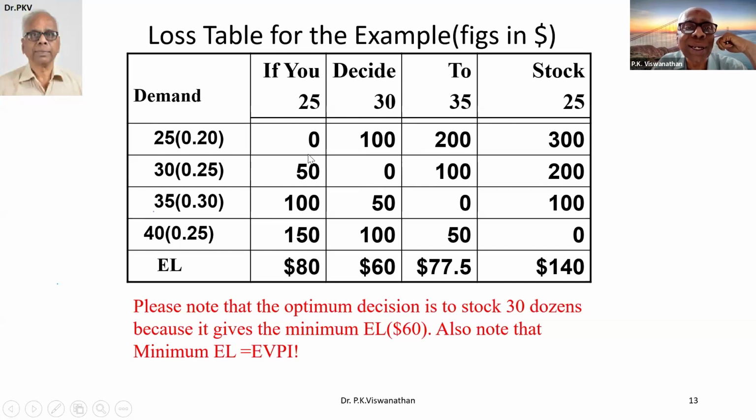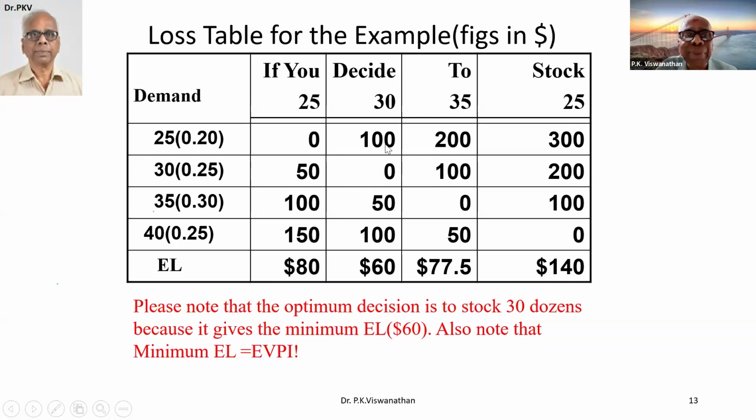Because this is overstocking, this is understocking. Now, I stock 30, demand is 30, no loss. 35, opportunity loss, again 50, 100. Likewise, I work out the entire table. What I find is $60 is the minimum loss, expected loss.